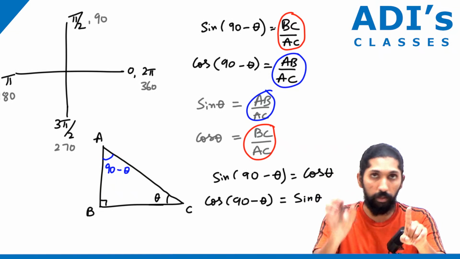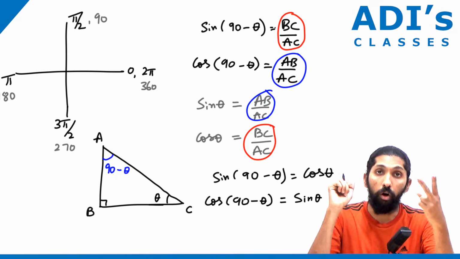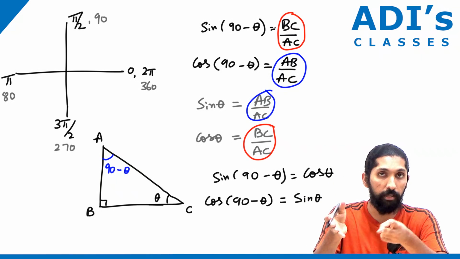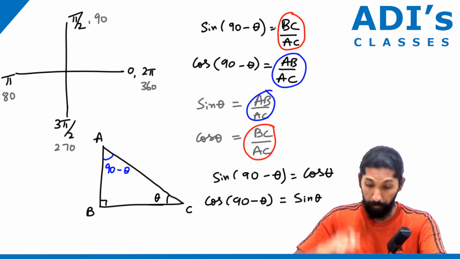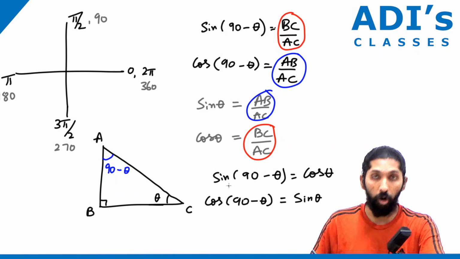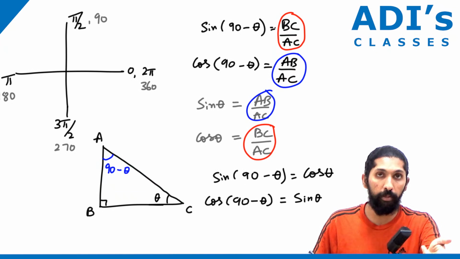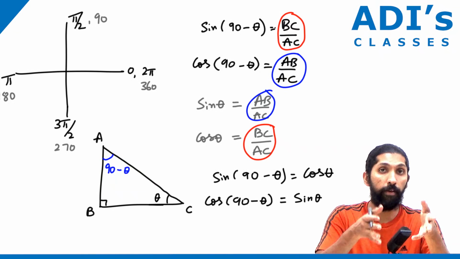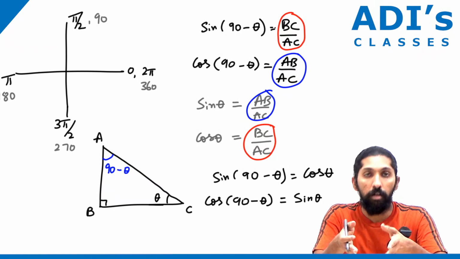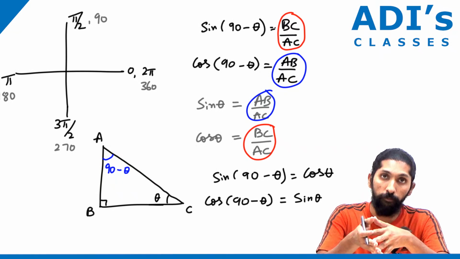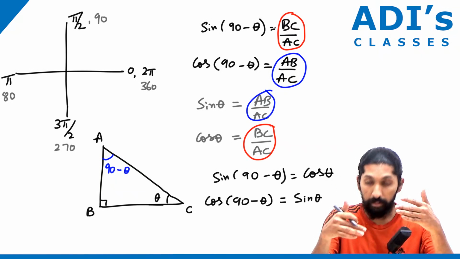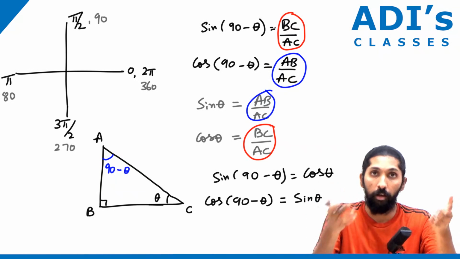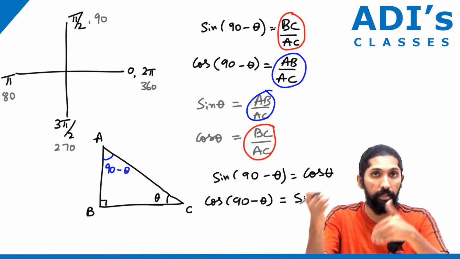Sine is one trigonometric function, cos is nothing but cosine, and cosine is the complement of sine. Because look at this, sine of 90 minus is complementary. Sine of a complementary angle will give us the complement of sine, which is cosine. So sine of 90 minus theta gives cos theta. Cos of 90 minus theta gives sine theta.